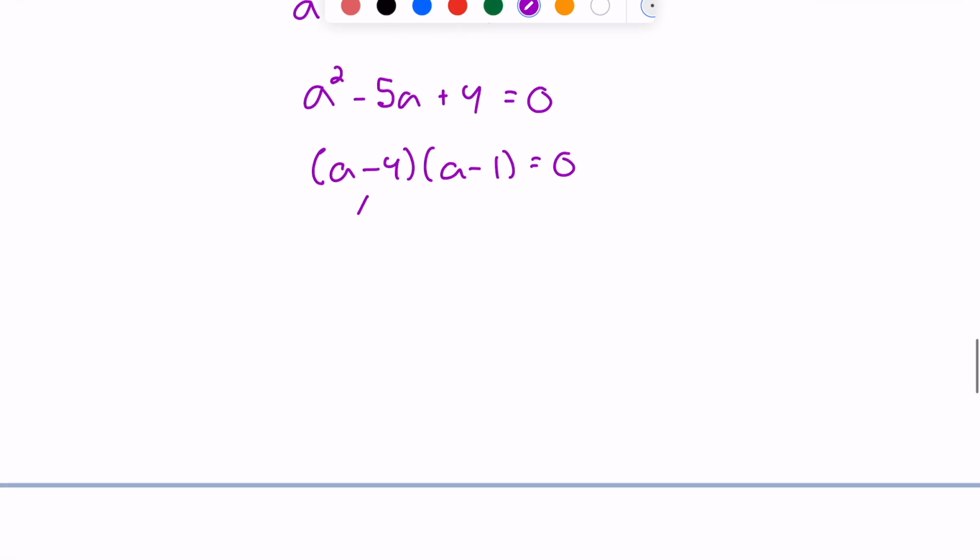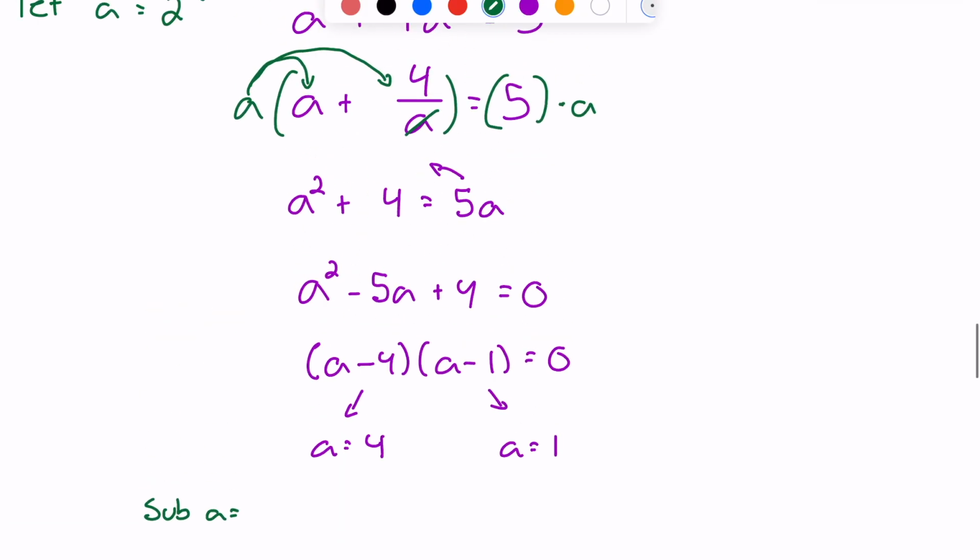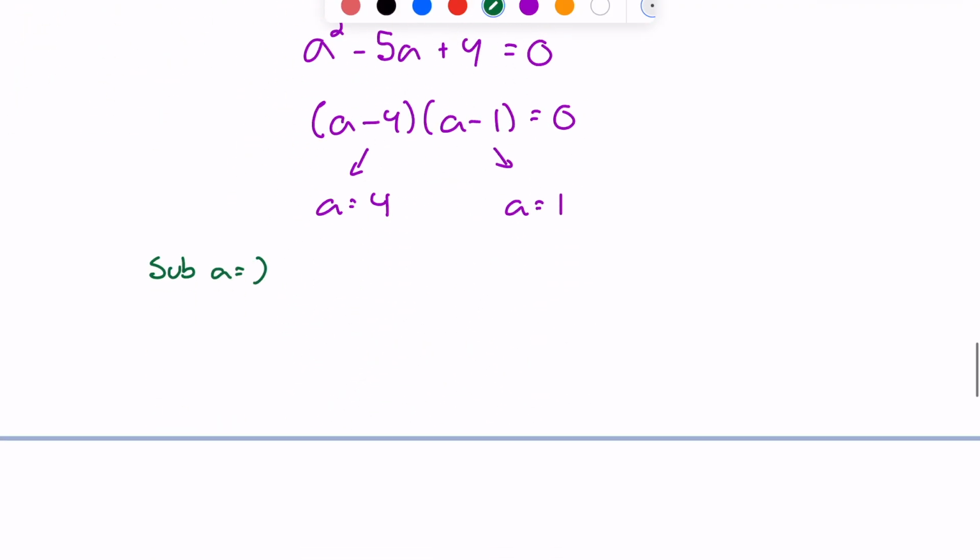So you have one scenario where a could be 4, or you have the other scenario where a could be 1. But we don't care what a is. We want to know what is x. So we have to sub back in. So sub in for a, 2 to the x. That's going to make this 2 to the x equaling 4, or get the same bases. It's 2 to the 2, so x is 2.